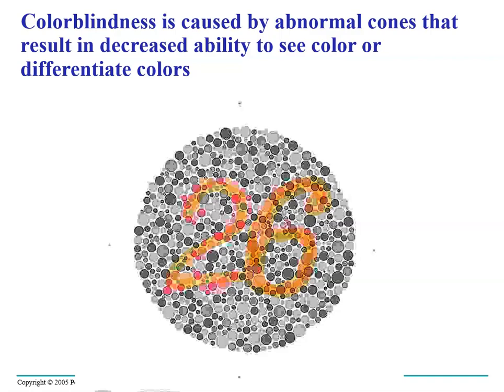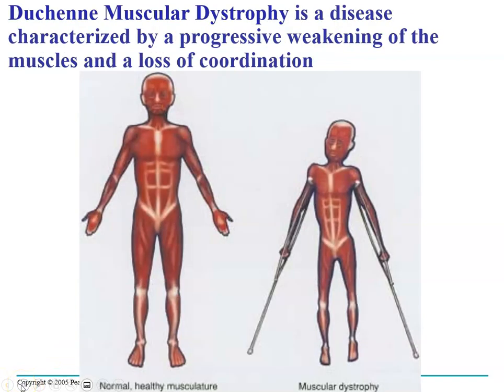Let's take a look at a more concerning disorder, because color blindness, somebody can live a pretty normal life with that, but having muscular dystrophy would be a bit more of a challenge for somebody, because this is a disease that's characterized by a progressive weakening of the muscles and loss of coordination. So throughout the course of their life, it just becomes more challenging for them to do bodily movements, walking without the aid of crutches.